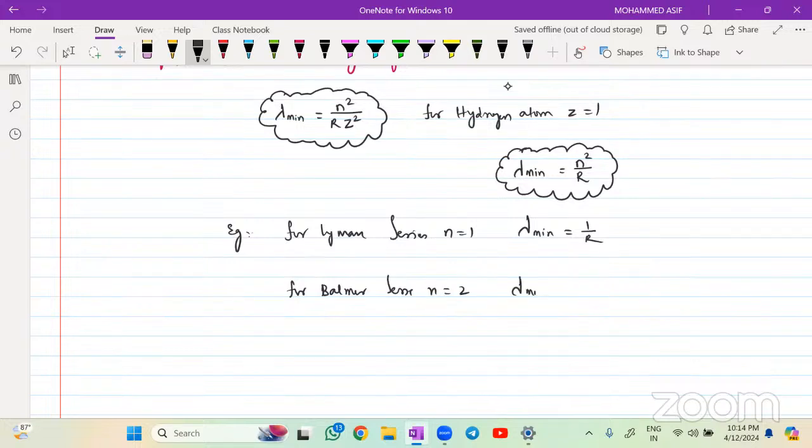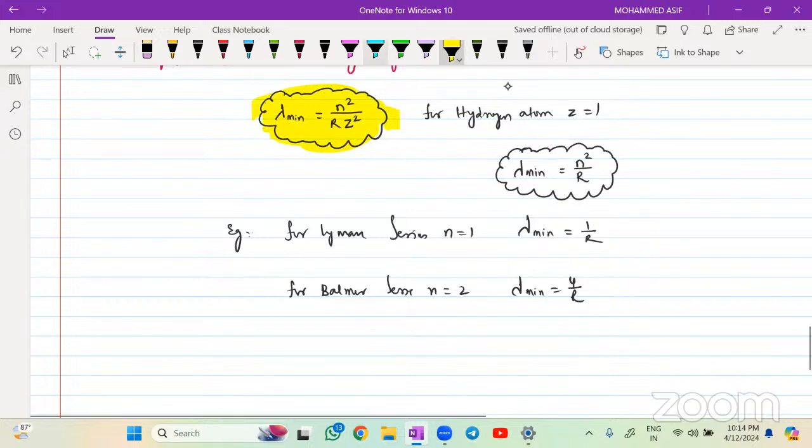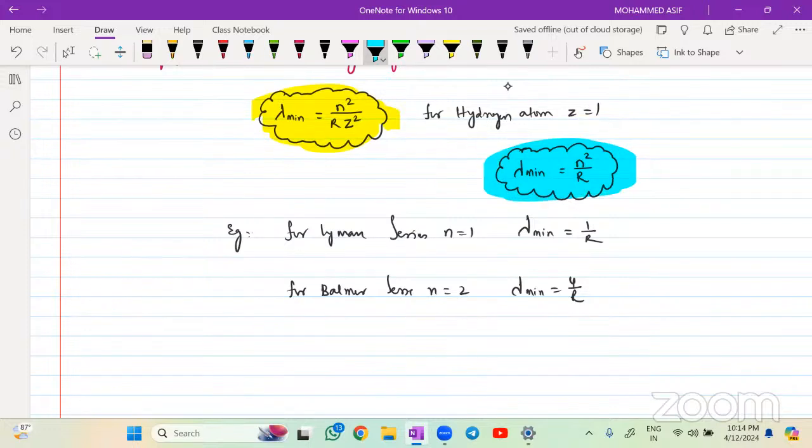So lambda minima will be equal to 2 square, 4, divided by R. Direct answer. For minimum wavelength, frequency will be maximum, make sure of that. Am I clear with this shortcut formula? Lambda minima equals n square divided by R into Z square. For hydrogen-like atoms, lambda minima equals n square divided by R. Need not completely remember the formula.